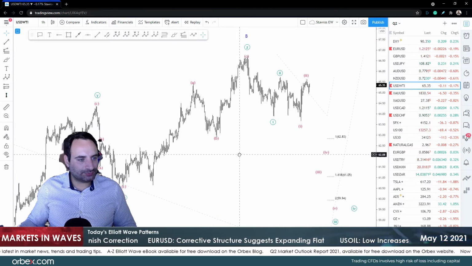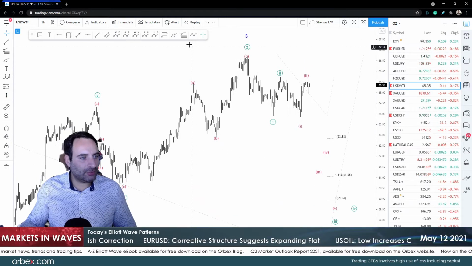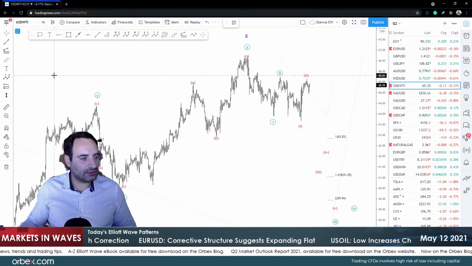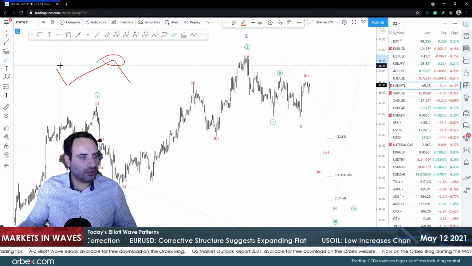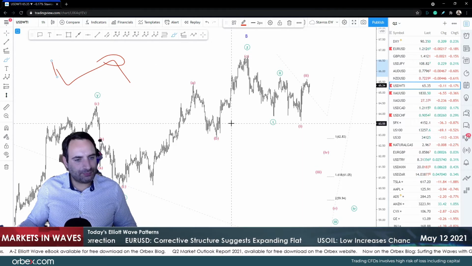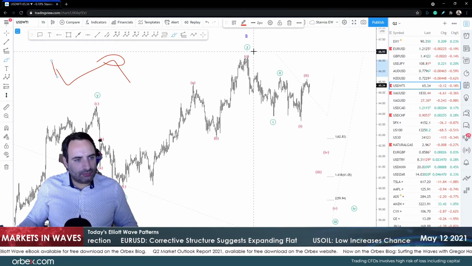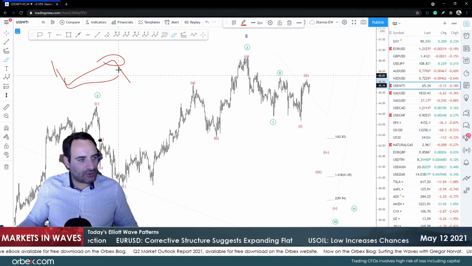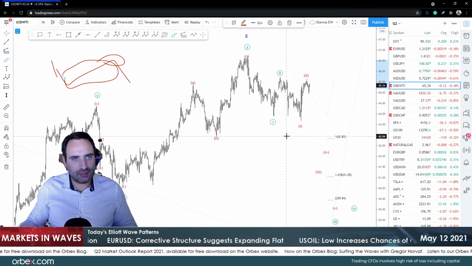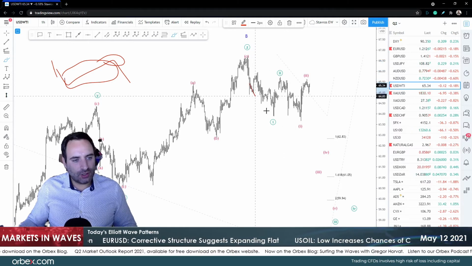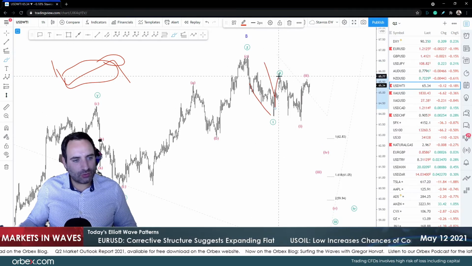Now on oil, you remember we were looking at this as an A, B, and a C. Currently we are on wave B. We've done an impressive move to the upside with a triple zigzag over here. And as I expressed my opinion a couple of days ago, this looks to me like a leading diagonal with wave 2 done.